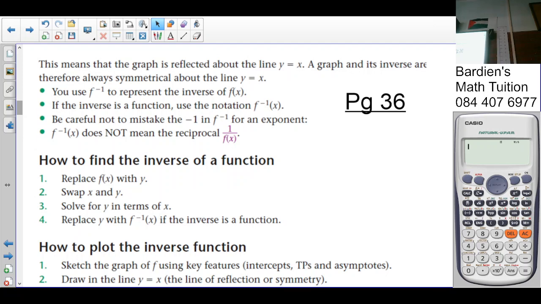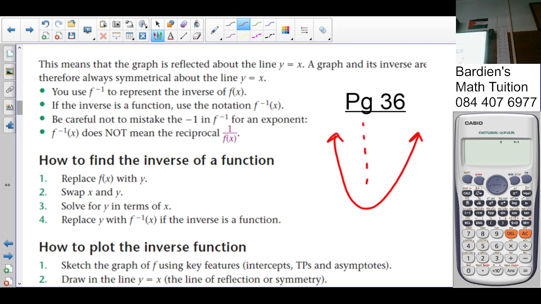Where did we also hear the word symmetrical? When we do the parabola. Did we calculate the axis of symmetry? So the axis of symmetry is basically the mirror image. If you look at a parabola graph, the axis of symmetry is the line that's going through like that.